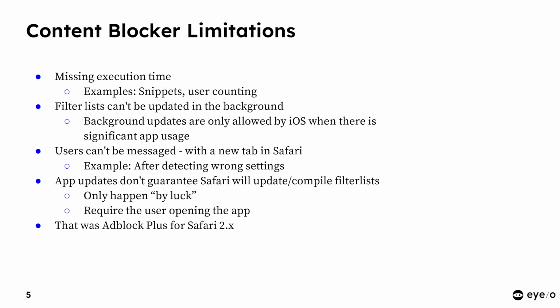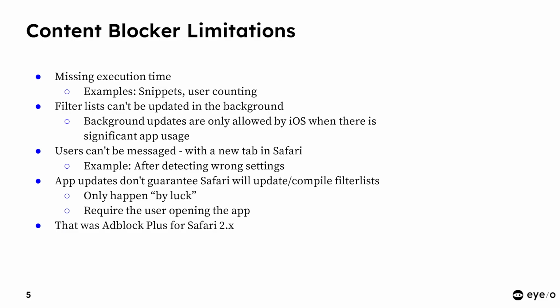Another limitation that we were facing is that filter lists cannot be updated in the background, because those background updates are only allowed by iOS when there is a significant app usage, and this is something that we cannot control. It's iOS that decides when that happens and when that doesn't.